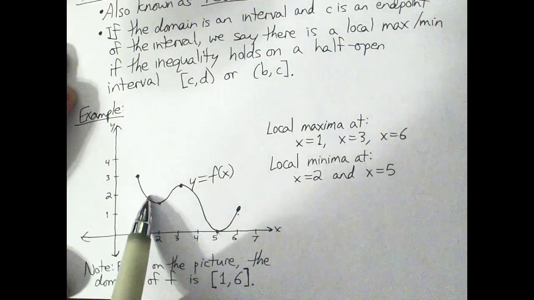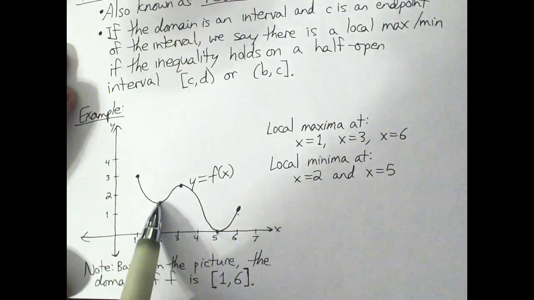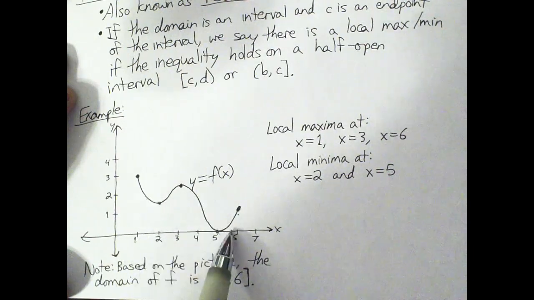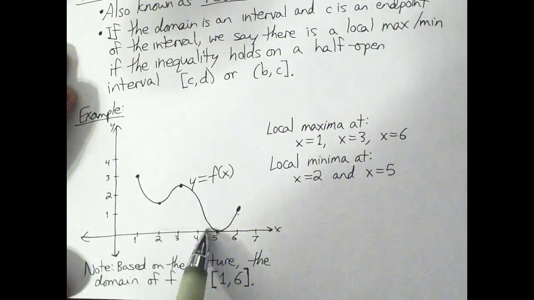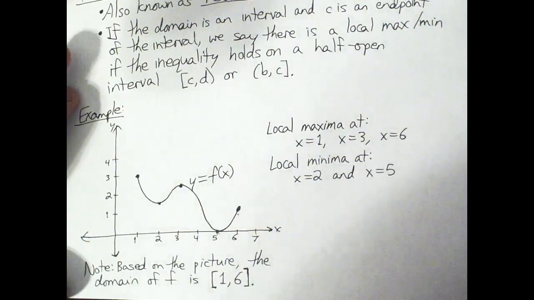The neighboring values are greater or equal, so this is less than or equal to its neighboring values. And then at 5, the function value is also less than or equal to its neighboring values. We're at the bottom of this valley.